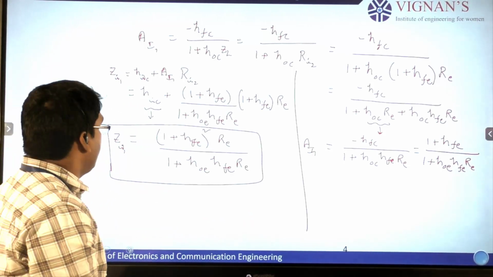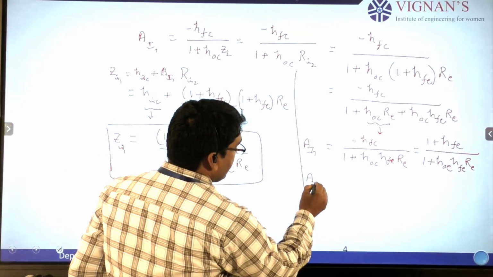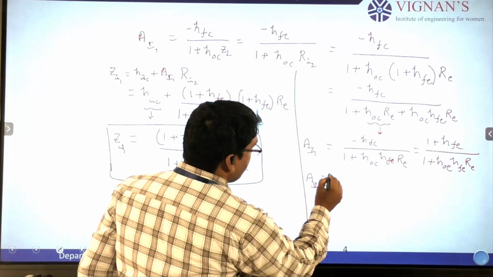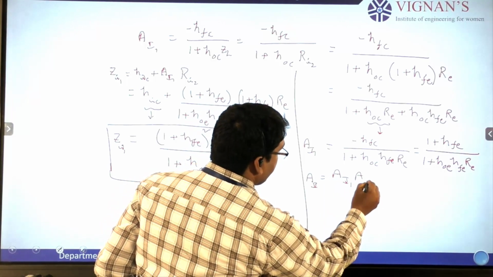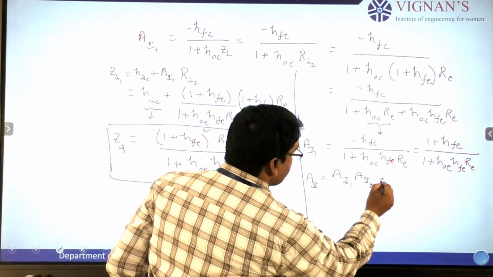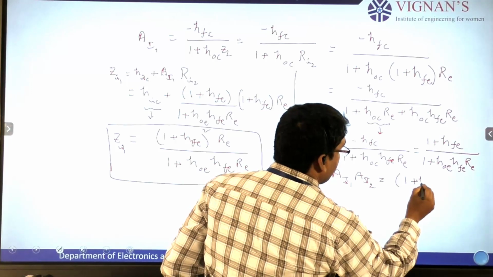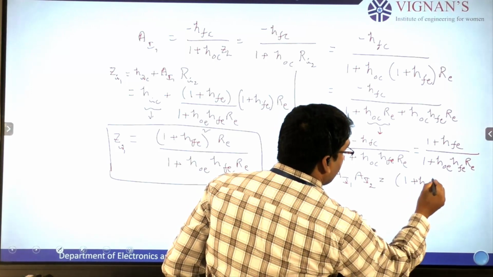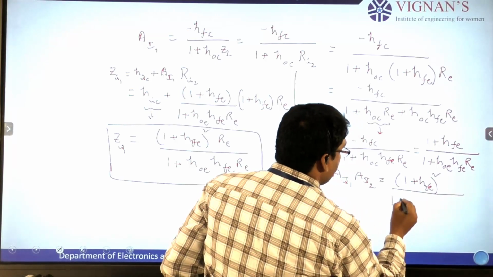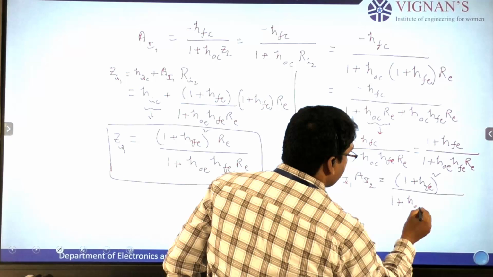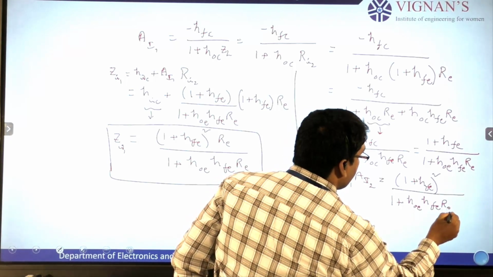And the overall current gain is the multiplication of the individual current gains, where AI equals AI1 multiplied by AI2, which equals 1 plus hfe squared divided by 1 plus h0e hfe Re.